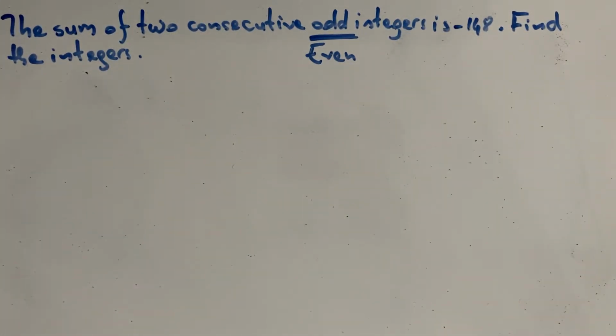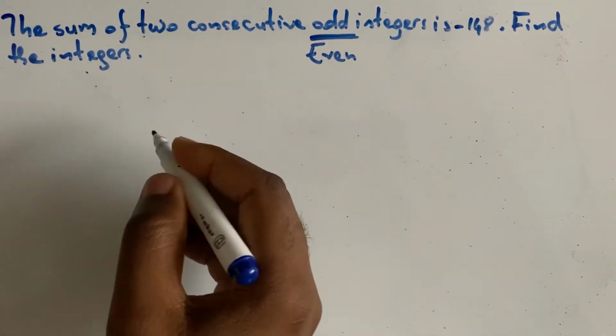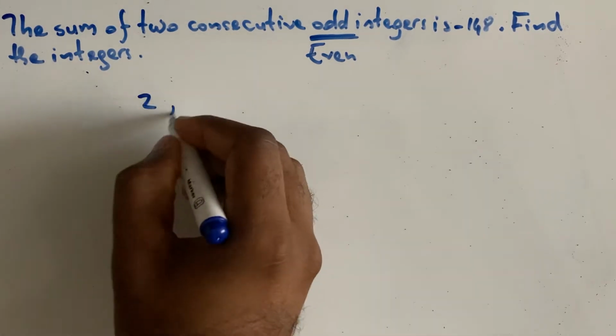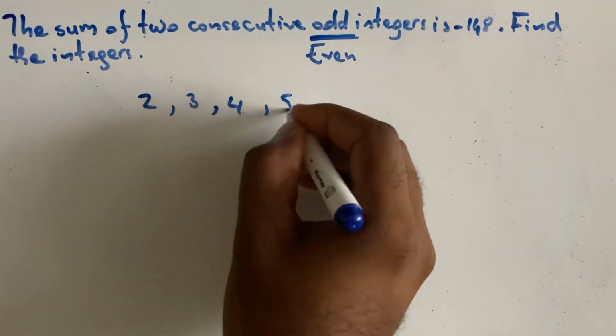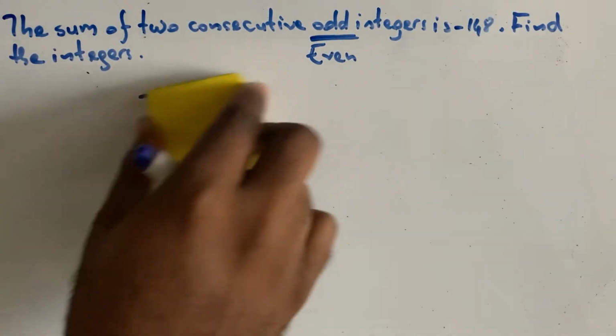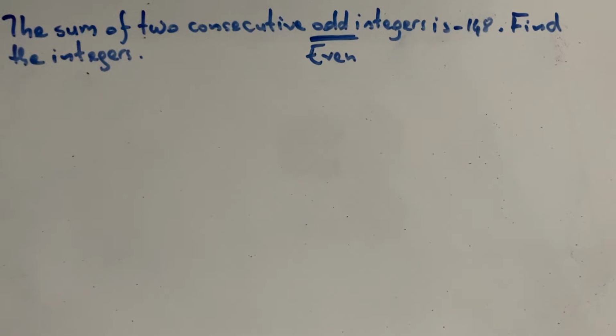Because what you need to remember is that if we say consecutive integers, in my previous video I explained that if we start with 2, the next one will be 3 because they're just consecutive integers. 4, 5, and you keep going, okay? Now, if we say odd integers, you have to make sure you don't use the even numbers, because we're saying odd.